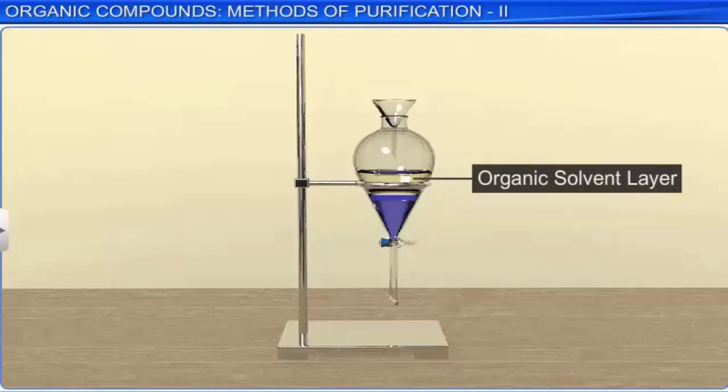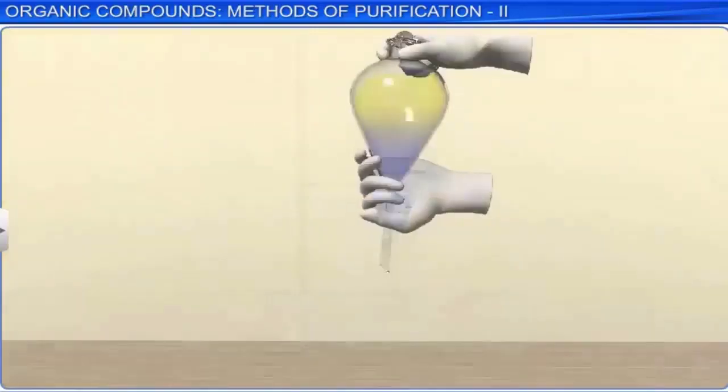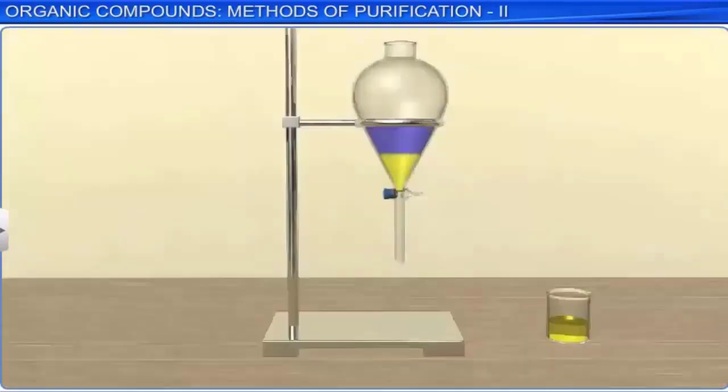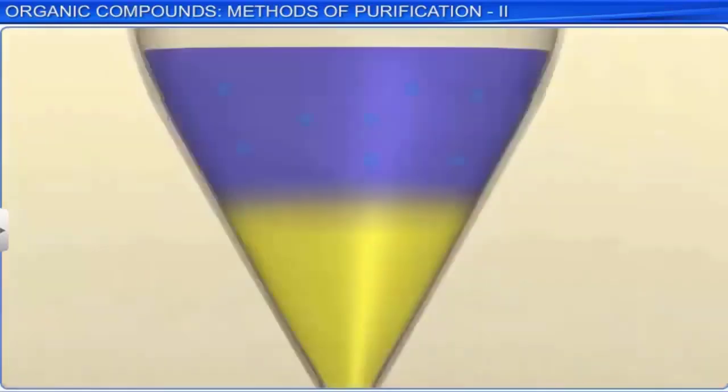Next, the funnel is shaken for some time and then it is allowed to stand for some time. On standing, the organic compound and the solvent form two separate layers in the funnel. The organic compound, being more soluble in the organic solvent, goes into the organic layer.